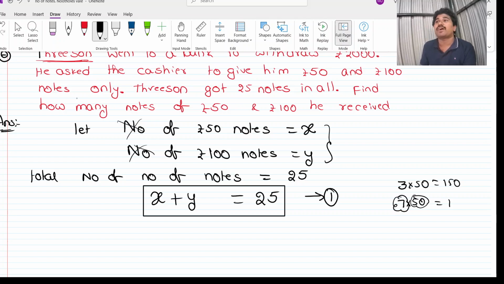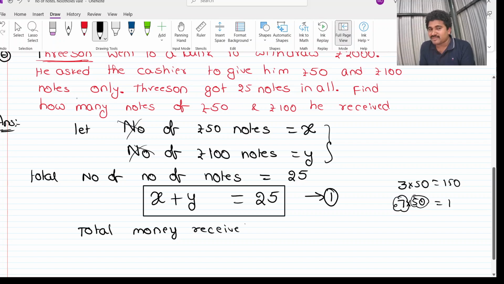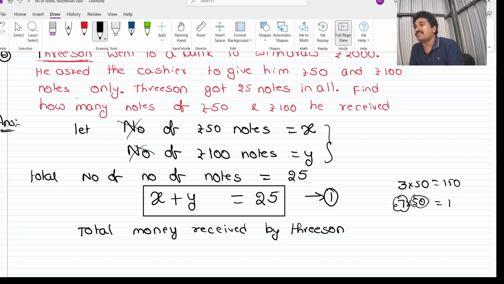The same way, now I am going to create one equation. Total money received by three sons is equal to how much? Correct? 2000. Observe.